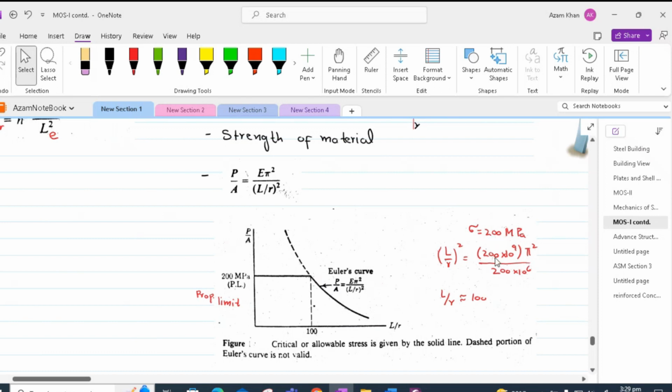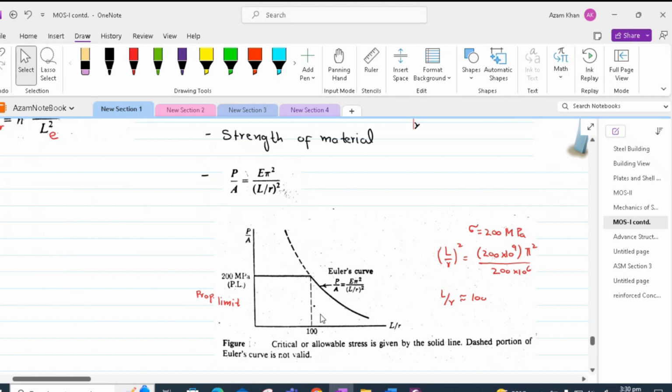Plugging in the values, we have 200 into 10 raised to power 9 pascals for steel modulus of elasticity and 200 megapascal proportional limit, and that gives us a slenderness ratio approximately equal to 100.